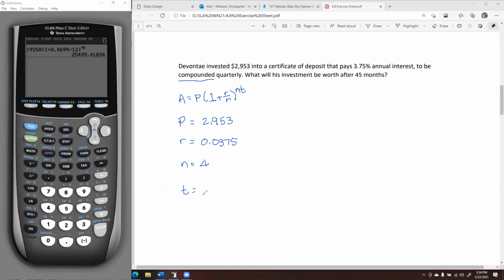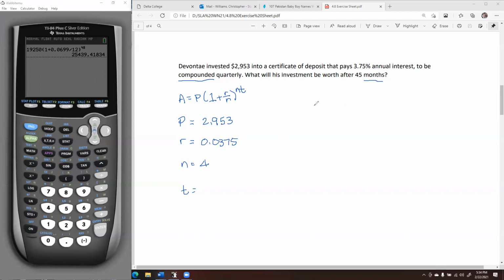Time, this one might have given you a little bit of a struggle. So remember we said that our T variable is always expressed in years or fractions of a year, but they gave it to us in months. So what we're going to have to do is somehow come up with a way to convert this into years.